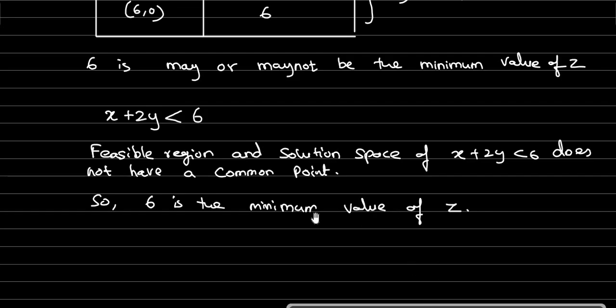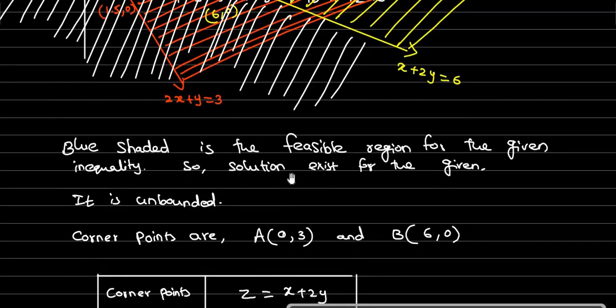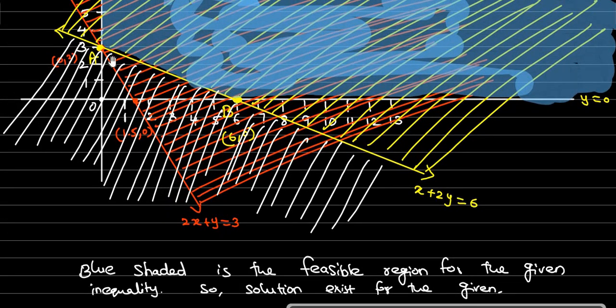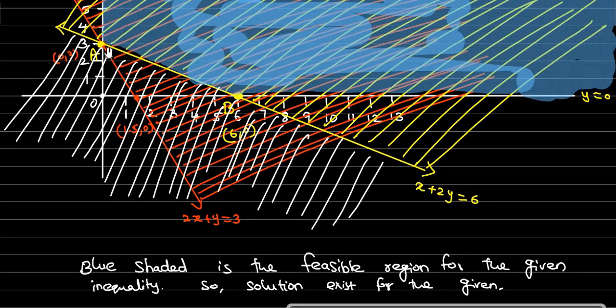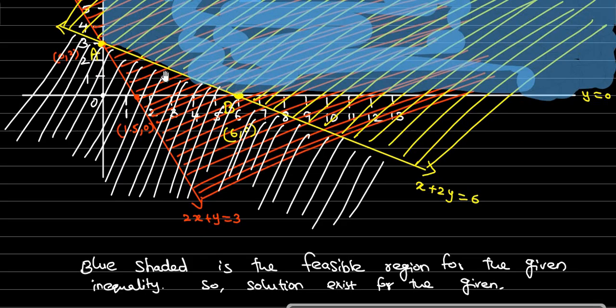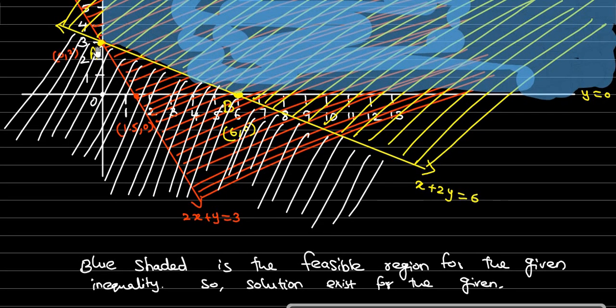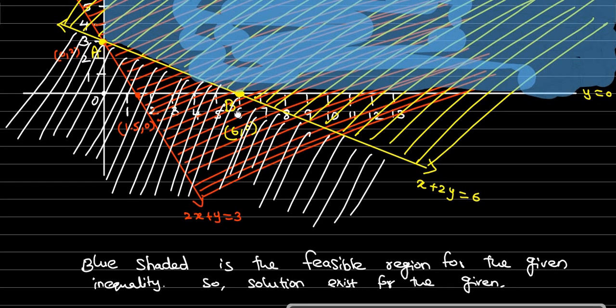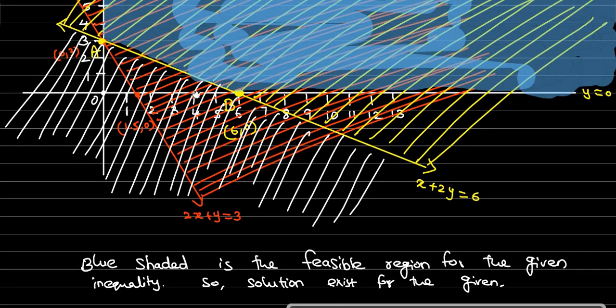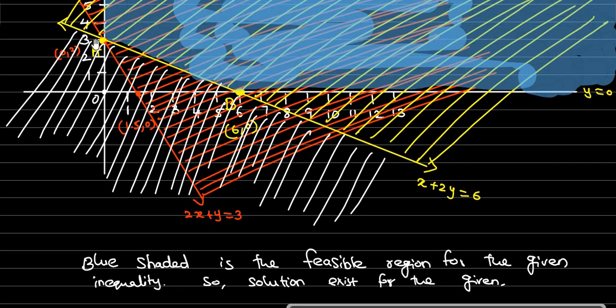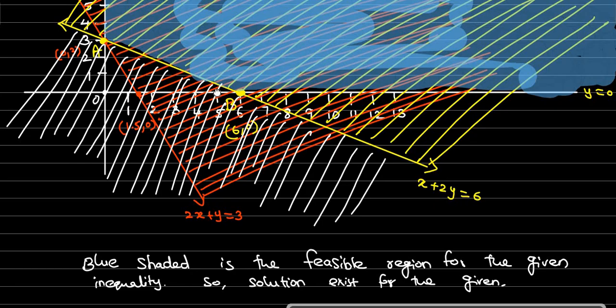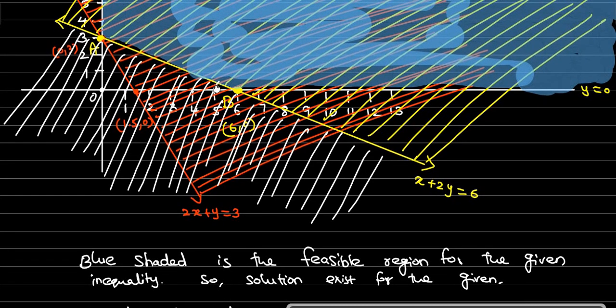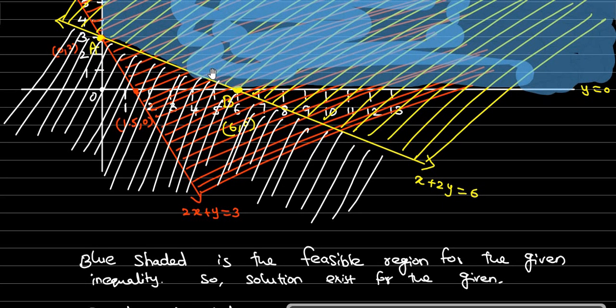Now at what points? At two points, one is at point A as well as point B. Since A and B form a straight line, you can notice not only 0 comma 3 and 6 comma 0, any point you take, that is 4 comma 1 or whatever point lies on this complete line segment. The line segment AB is the solution.